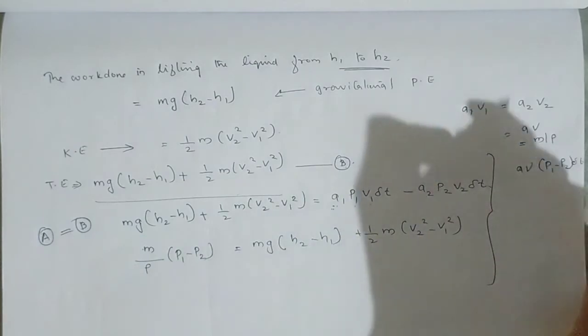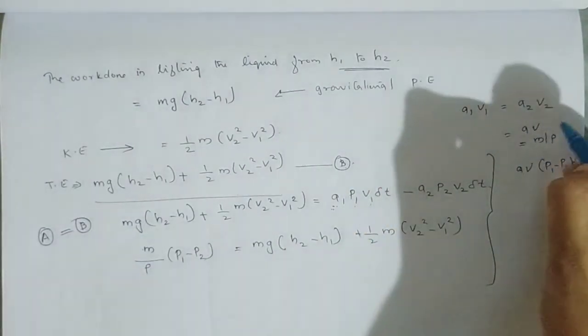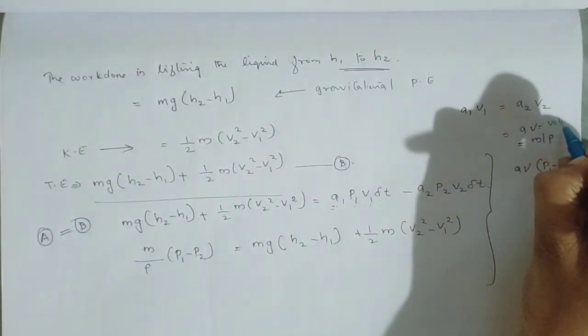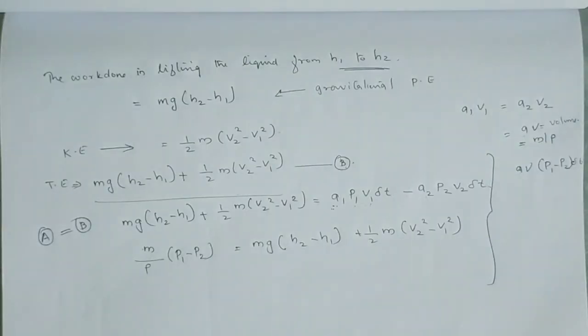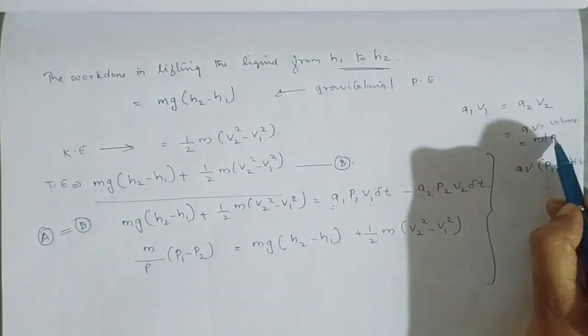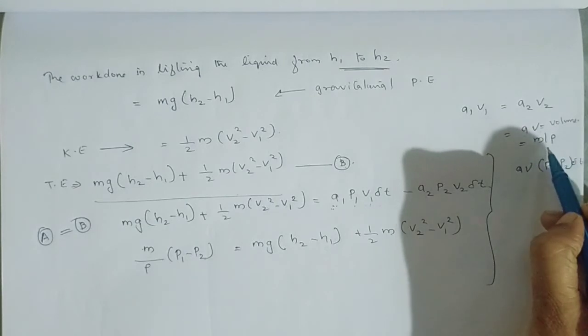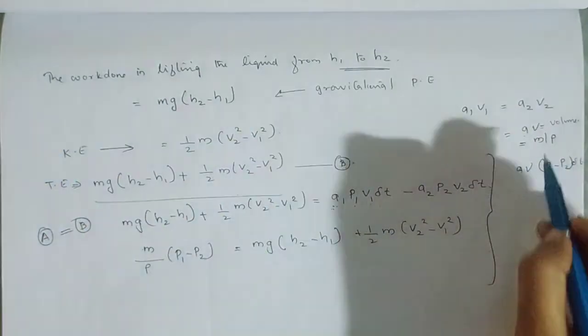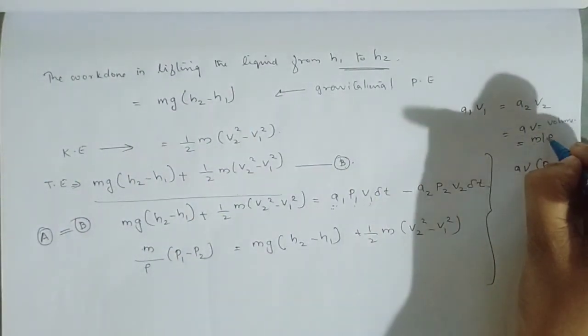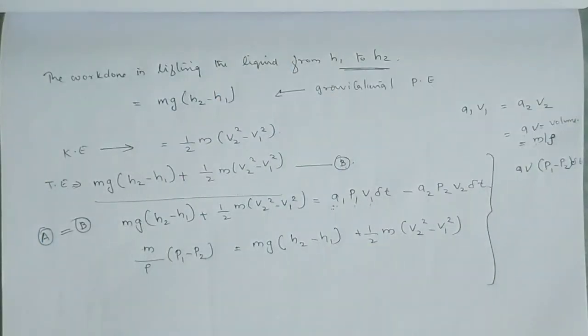Okay, AV, actually it is the volume, rho is the density. Density is the mass divided by volume. Okay, so we can write m by rho.